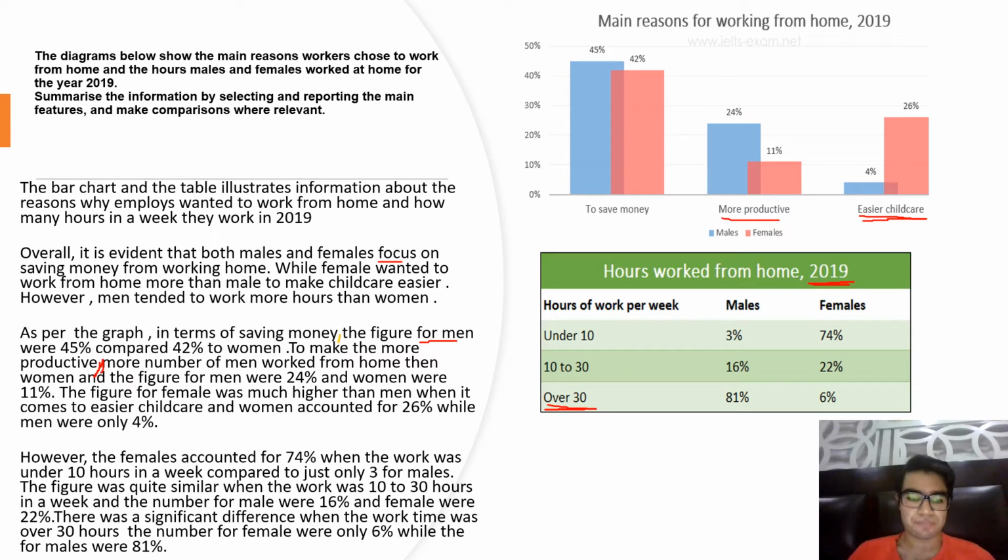Put a comma after productive, and then say more number of men work from home, and you don't say THEN. There's a difference. There's THAN and there's THEN.